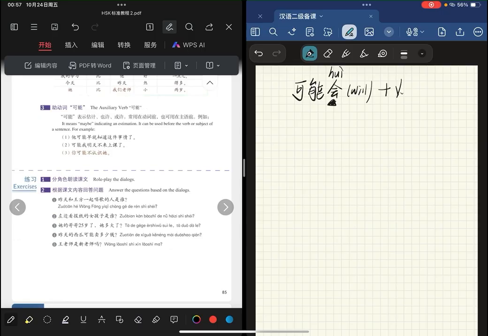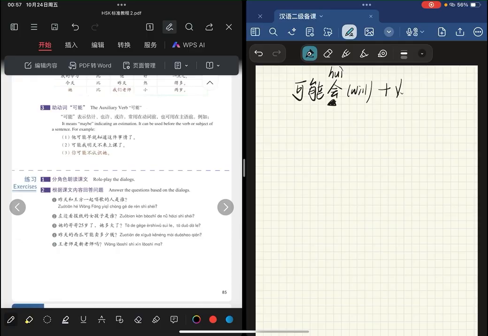So for example, if there is a holiday tomorrow, what might you do? What might your plans be? We are not sure, but we can have a plan.